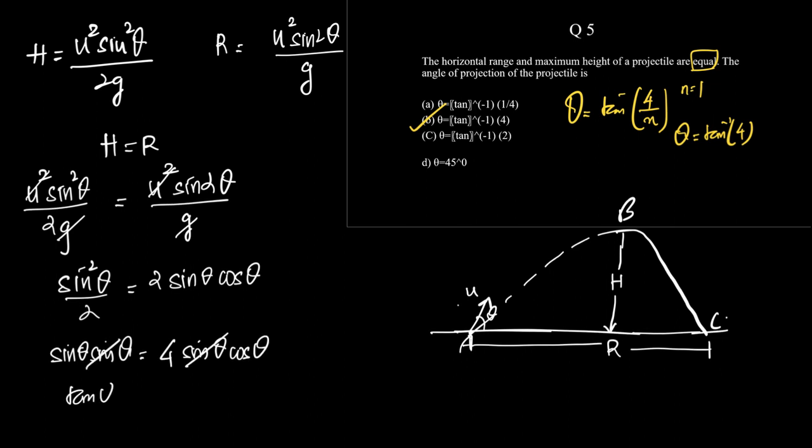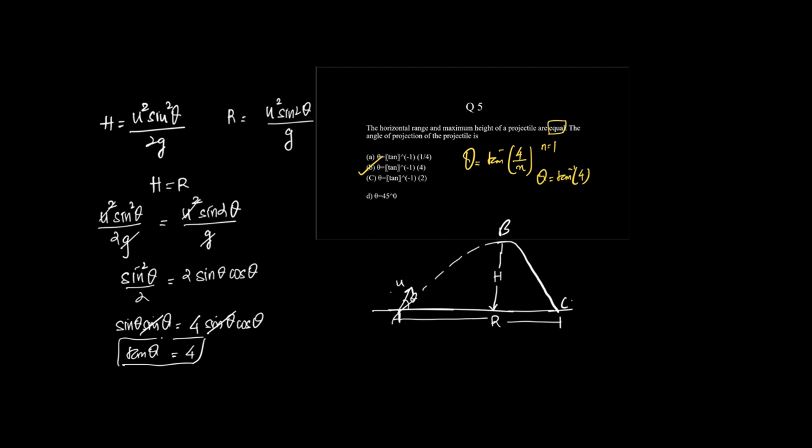So what we get is tan theta is equal to 4, right? Now, this was the basic understanding we should be having regarding this equation here. Let us do one more extension of the same topic, which will actually help you, which goes like this.